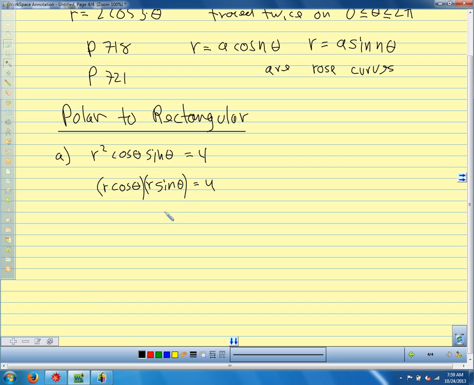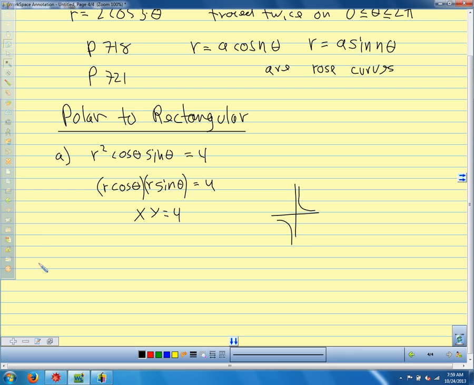And this tells me that xy equals 4. And that graph is what type of thing? Okay, Brady's doing this. So this is a hyperbola. So we would end up with something like this. That was a good visual. Make Brady do it again. Yep.